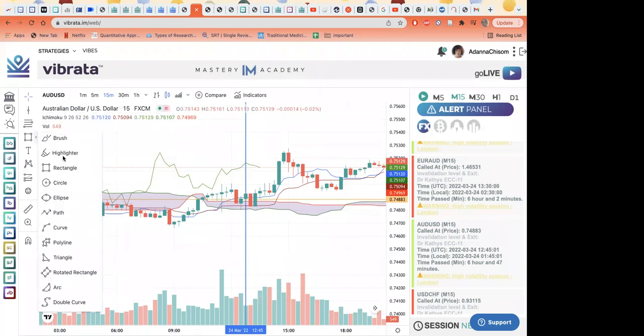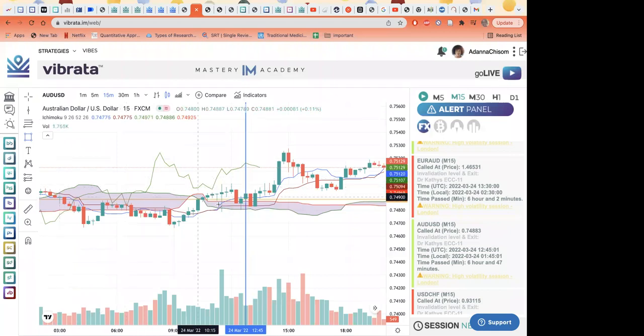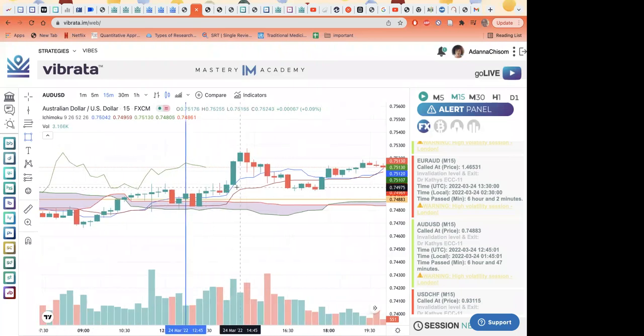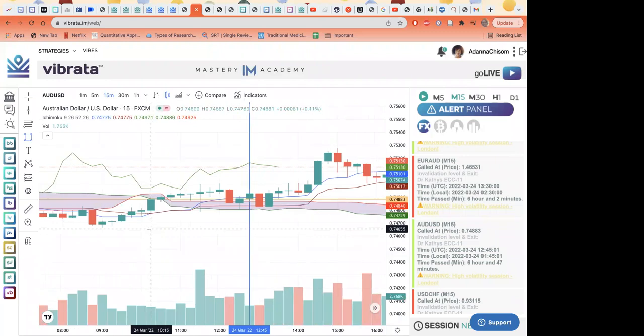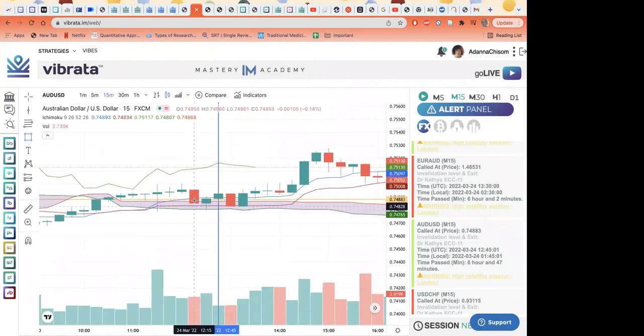So rectangle. So where is it? Let's see. This is the candle. So this was the lowest and this was the highest. If you guys are doubting, let me just expand so that you see more. Okay, so this is our highest, right?